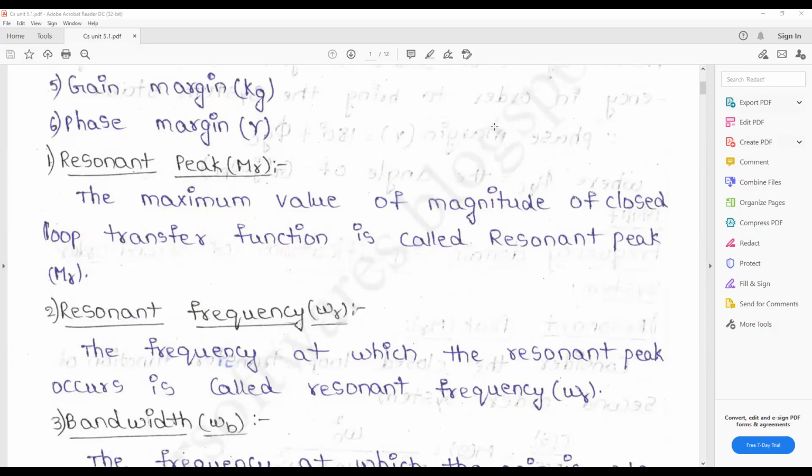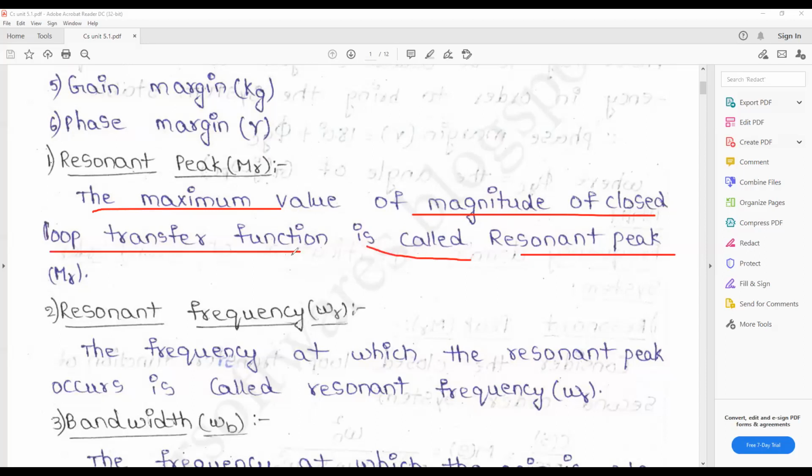The resonant peak means the maximum value of magnitude of closed loop transfer function is called resonant peak.